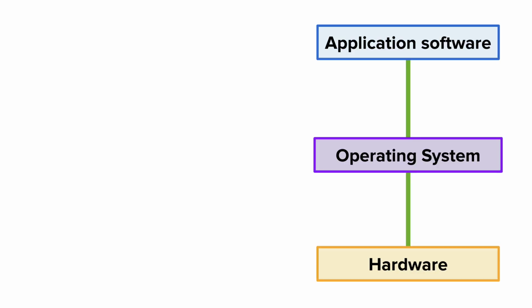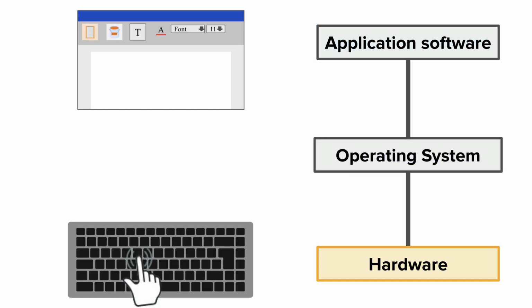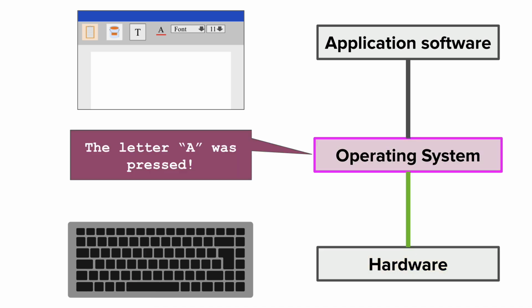Let's walk through a simplified example of how all of these parts work together when the user types something while using a word processing program. The user presses the letter A on the keyboard. This happens at the hardware level. The operating system interprets the signal and identifies which key is pressed.